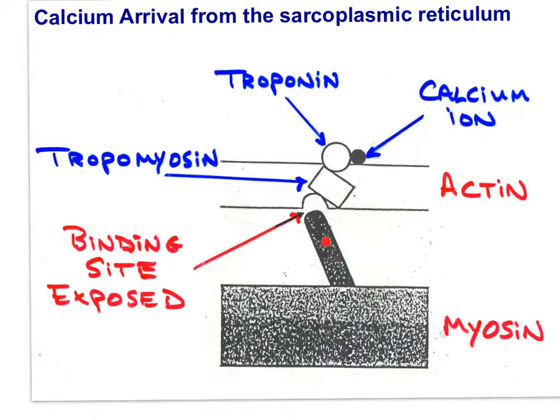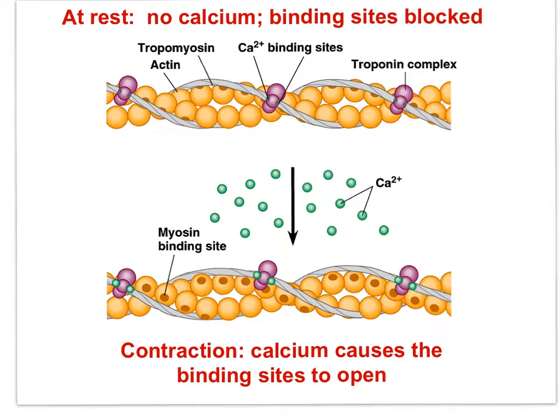The myosin head can now bind to the actin, and under the influence of ATP, the myosin head will change shape, and the ATP-driven shape change of the myosin head pulls the actin toward the center of the sarcomere. Here is the muscle fiber at rest.